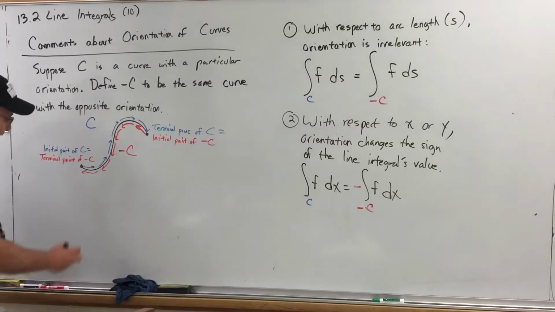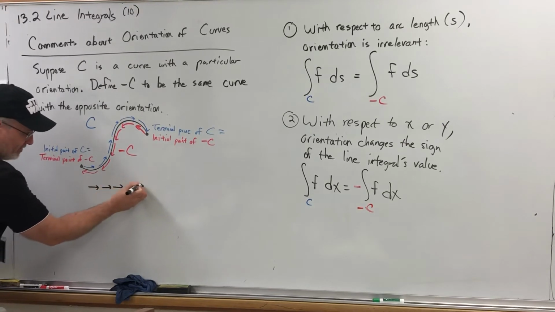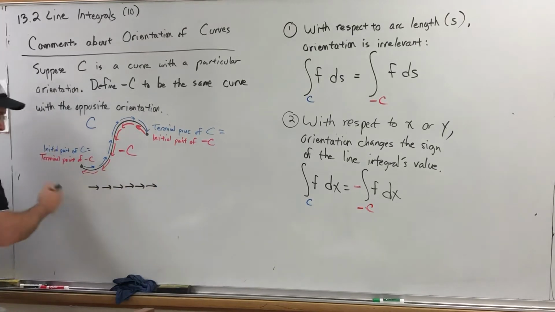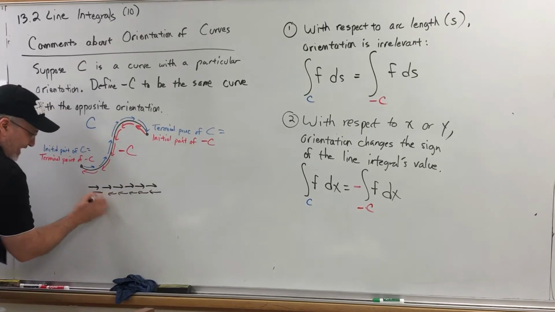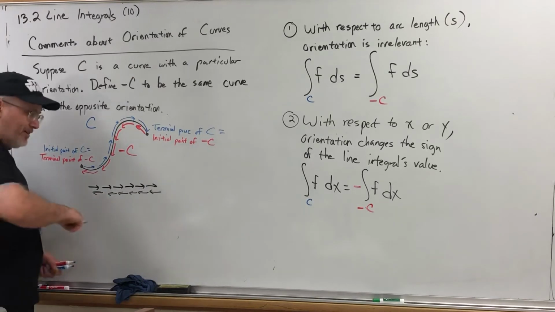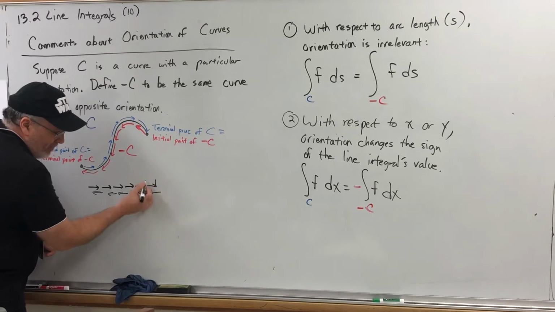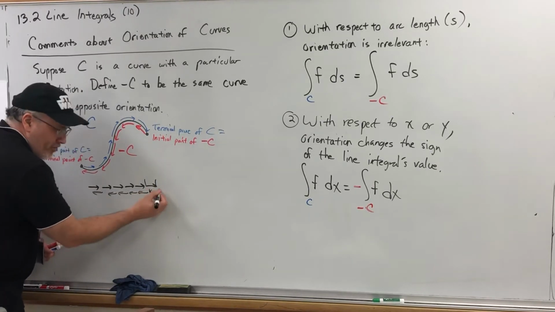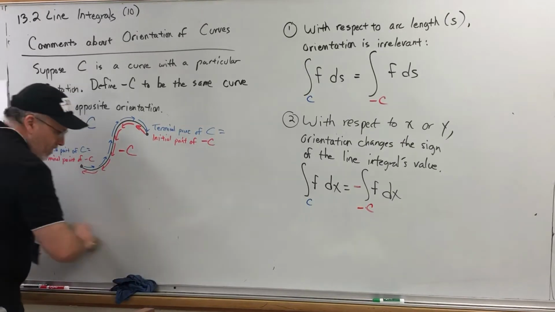If we were going from left to right, and our delta X was measuring how much our X changed, then doing the path in reverse would make all those delta X's negative because you subtract the second minus the first. So if this were an X-axis, then this value minus that value would be positive, but in reverse, that value minus that value would be negative. And therefore it would change the sign of the integral's value.